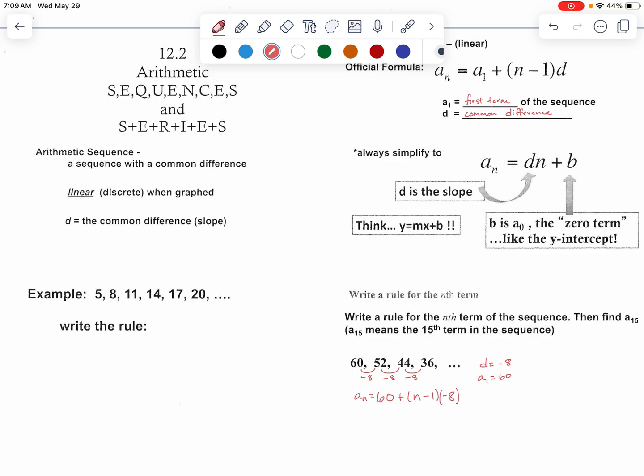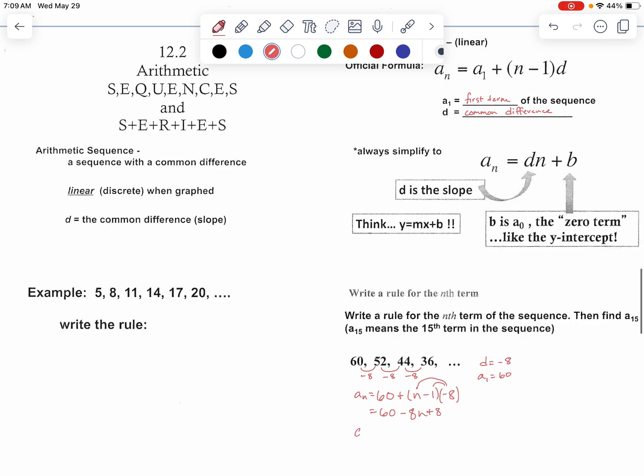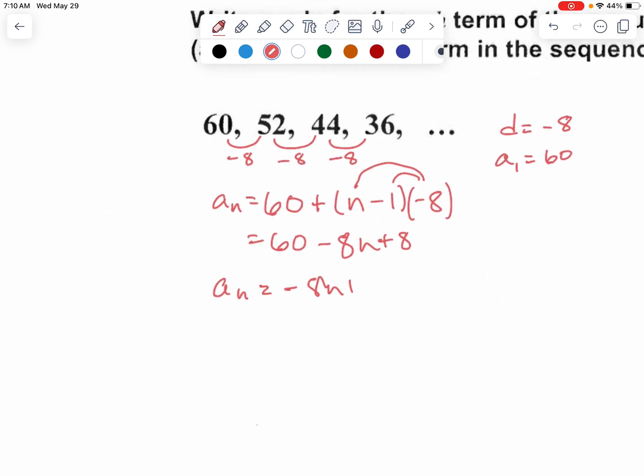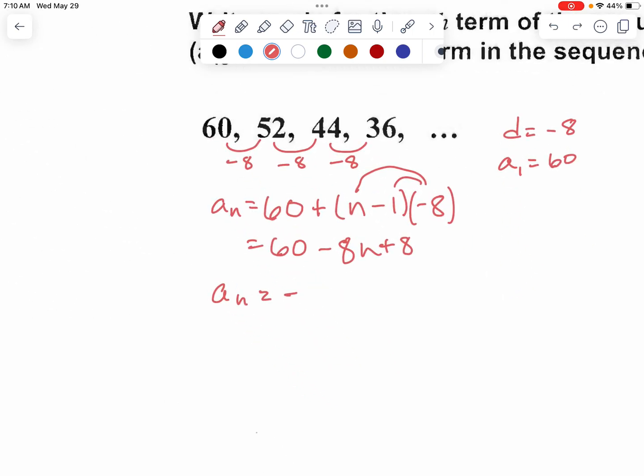Then we're going to simplify this down to give us 60, and then we're going to distribute that negative 8 in, so it's going to be minus 8n plus 8, or we can say a sub n equals negative 8n plus 68. Okay, and that's your rule that we're going to use.